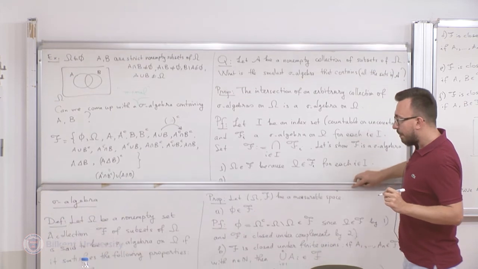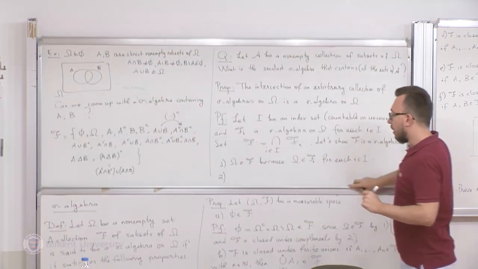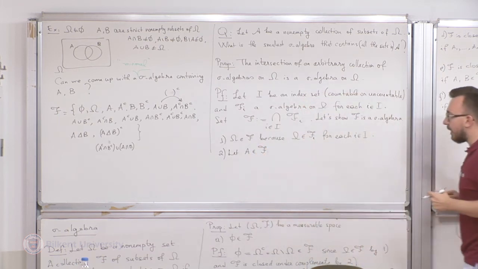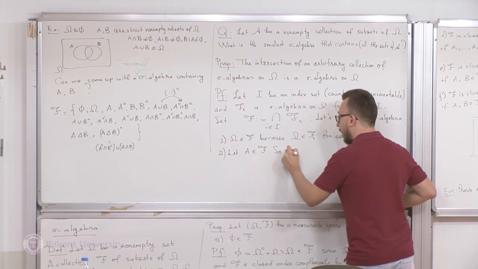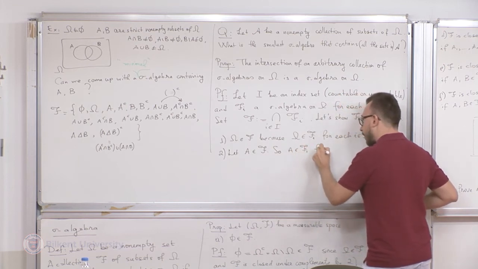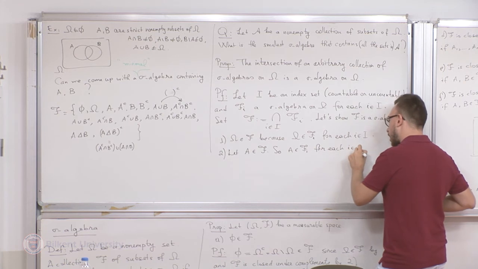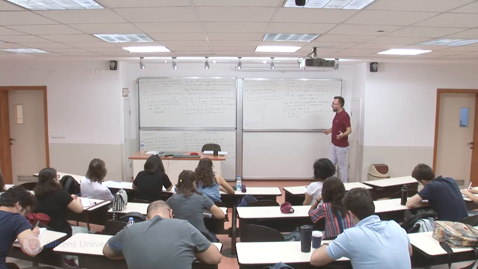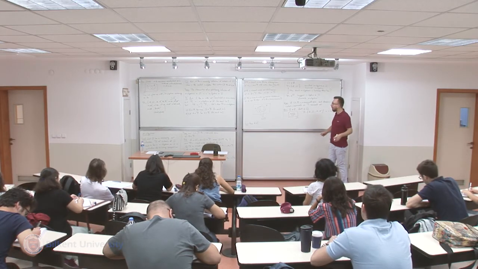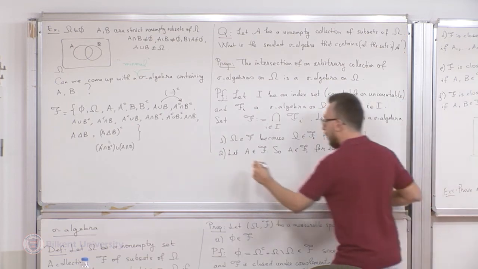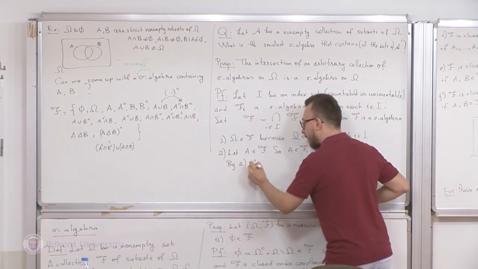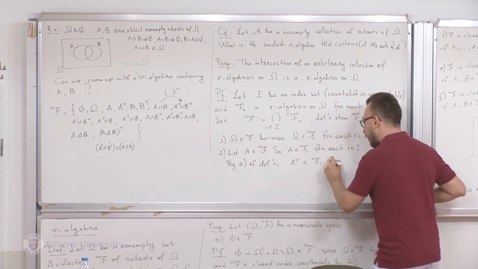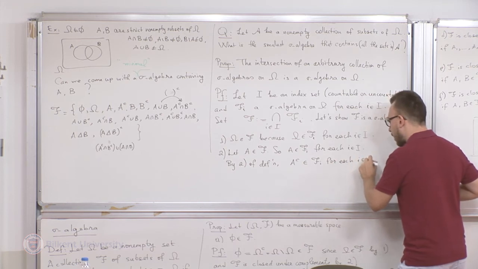Well, let's check the complements property. Let A be in F. And now we use it. This means what? So A is in Fi for each i. What does that mean? Well, I have to pass the complements somehow. Therefore, by property 2 of the definition, A complement is in Fi for each i.